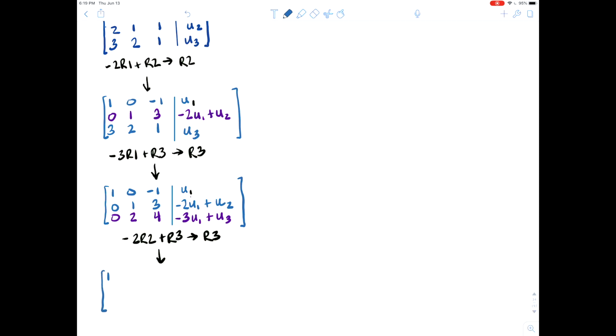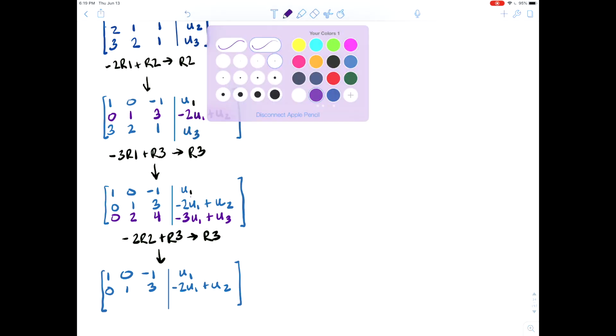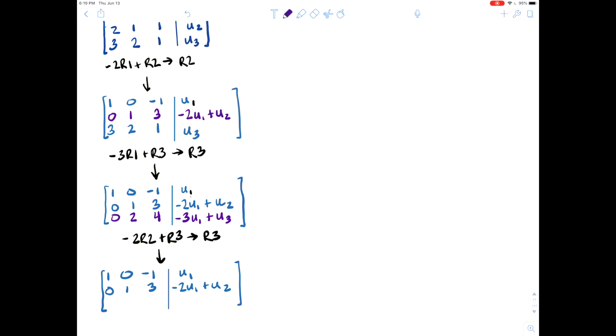So again, rewriting row 1, and then we'll have, what else is not changing, row 2, so we'll have 0, 1, 3, negative 2u1 plus u2. And our new row 3 will be, so we'll still have a 0 here, we'll get a 0 here, just like our evil plan.